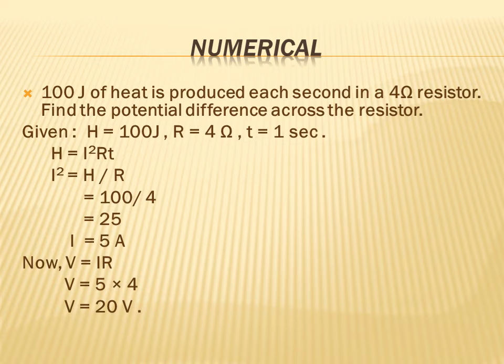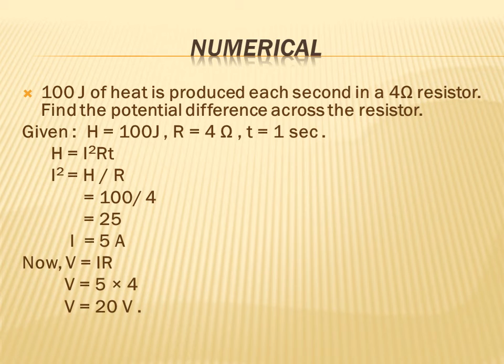Let's discuss some numerical. One numerical here: 100 joule of heat is produced each second in a 4 ohm resistor. Find the potential difference across the resistor. Our given values are: 100 joule is the heat value, R, the resistor's value, is 4 ohm, and the time period is 1 second.